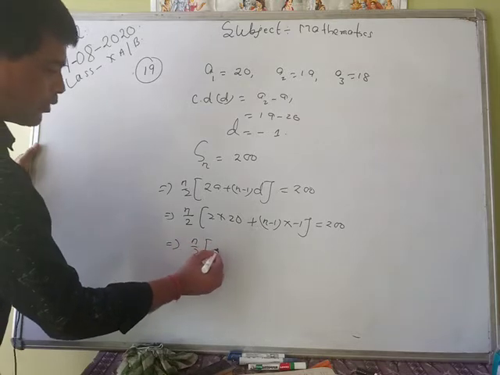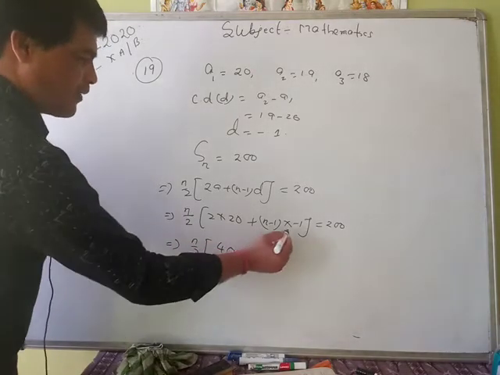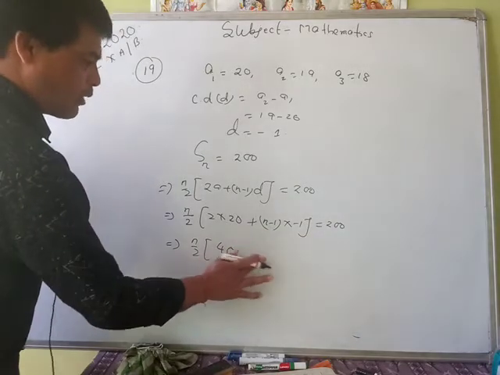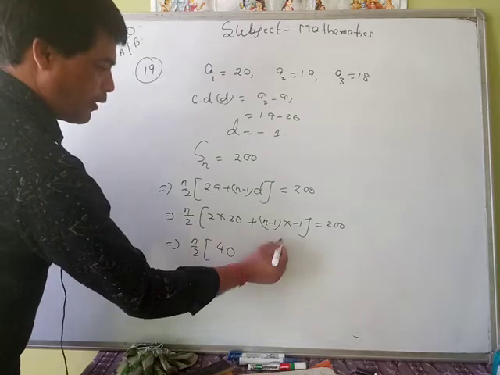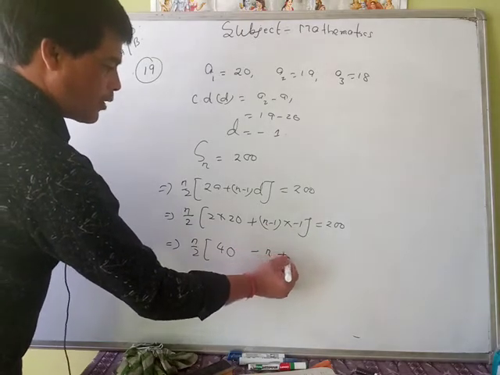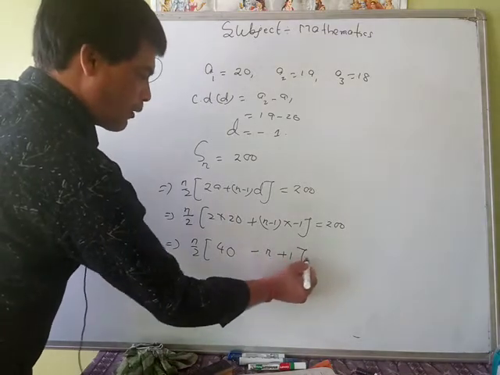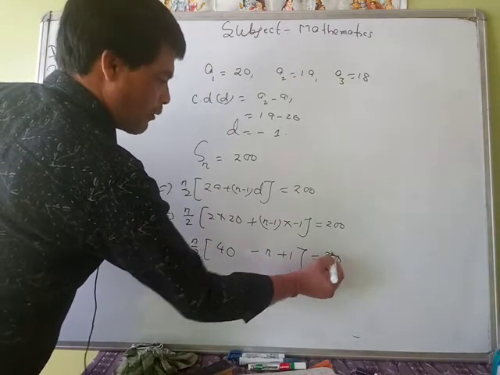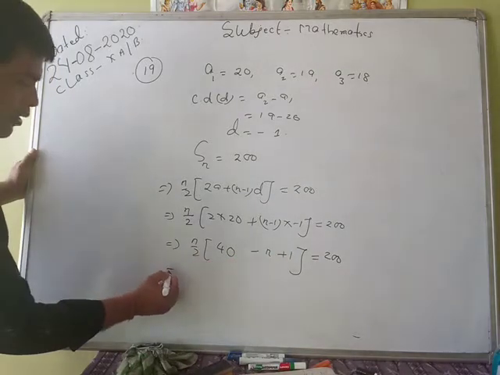Then next step, n by 2. This question is important also. 2 into 20 is 40 plus. Then after that you have to remove again, plus into minus, minus 1 into n minus into minus plus 1. Then we have to remove the bracket. Then again we have to combine the like terms.